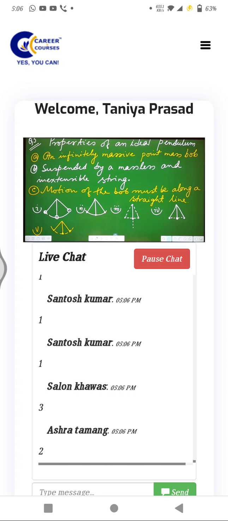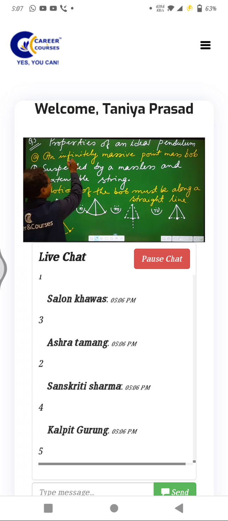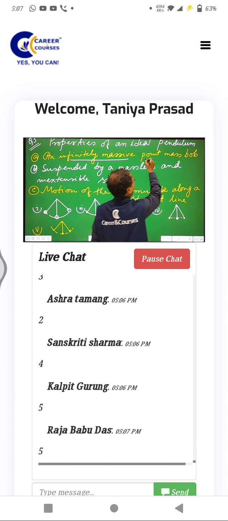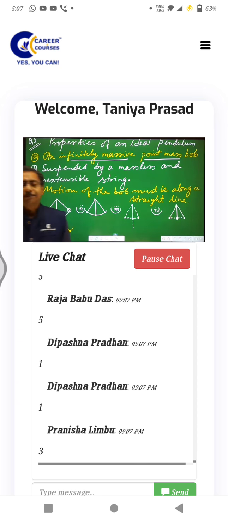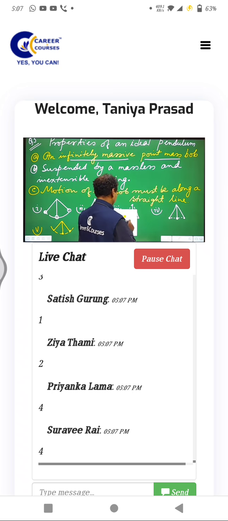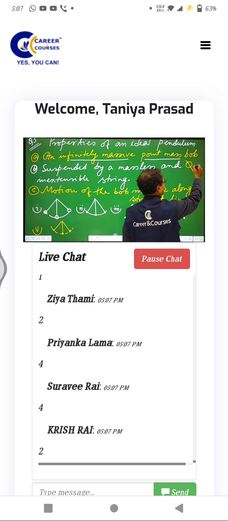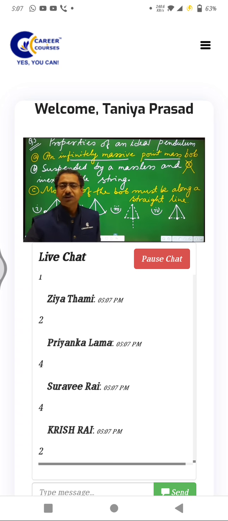Just see, what are the points given here? First point, an infinitely massive point mass bob. You understand, a point mass can never be drawn by a circle. It doesn't represent a point mass.